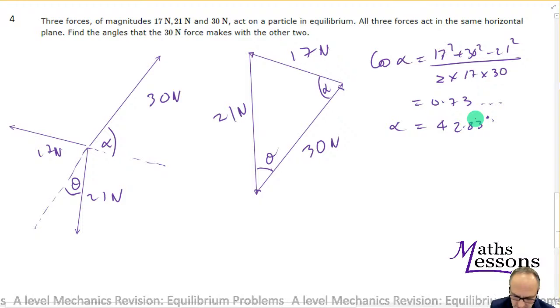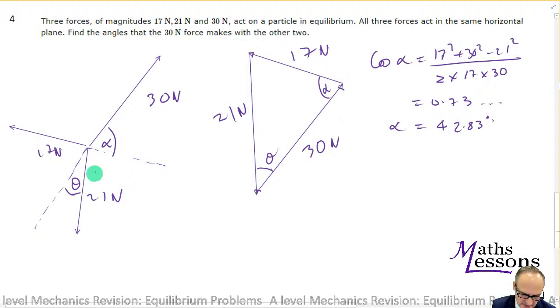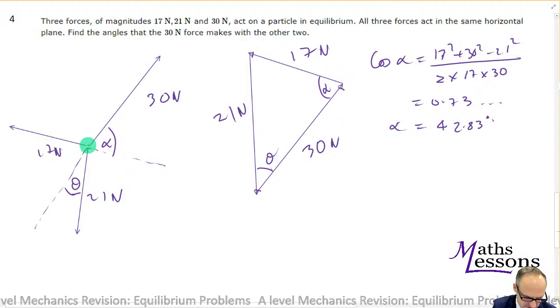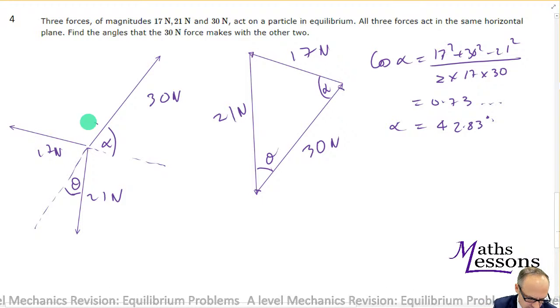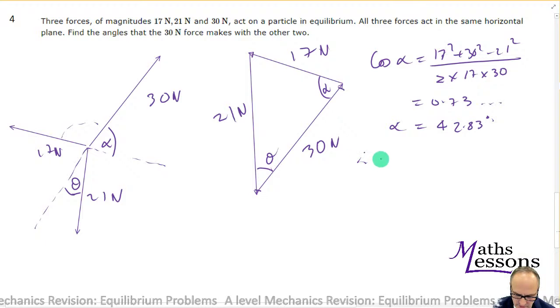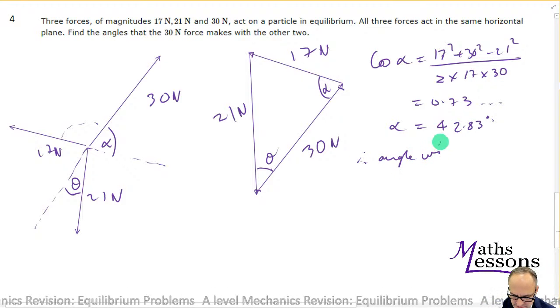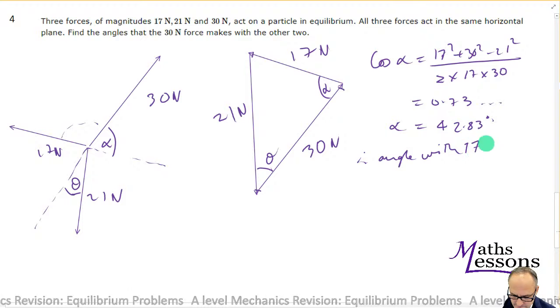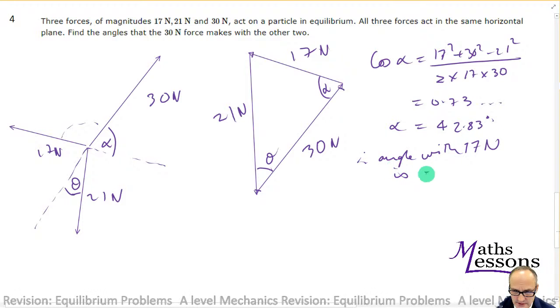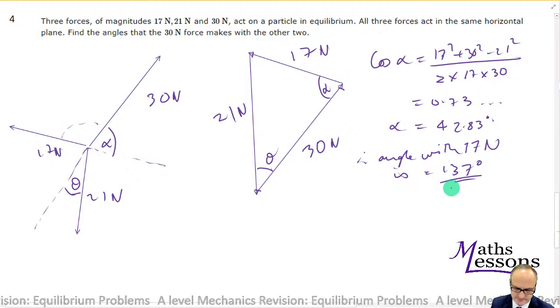Now, alpha doesn't actually give you the angle between the 30 and the 17 newtons. It's this angle here, and we've got to take it away from 180. So the angle with the 17 newtons is going to be equal to 137 degrees.